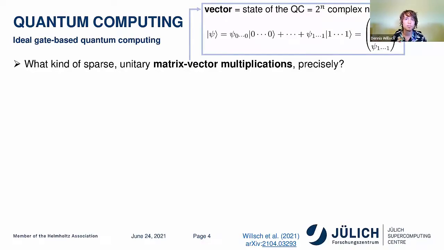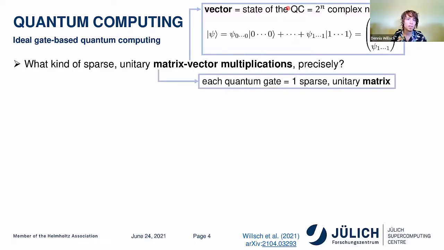And the goal is to keep track of these numbers, which describe the state of the quantum computer during the computation. The matrices in these multiplications are the quantum gates. And you'll see that each quantum gate corresponds to one sparse unitary matrix that does some things with these complex numbers.